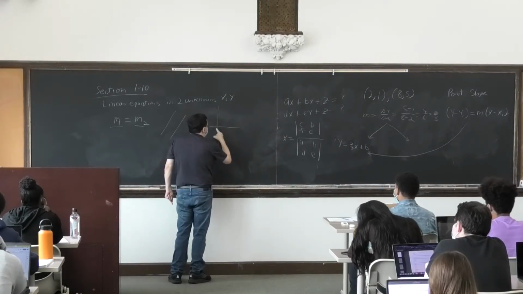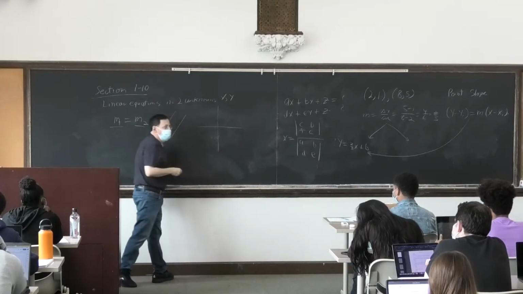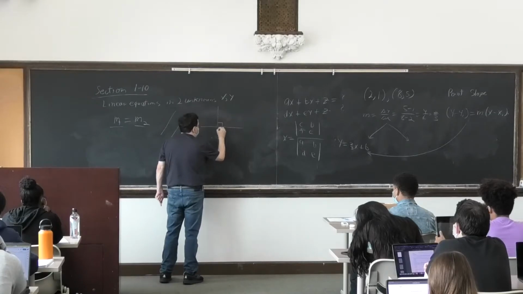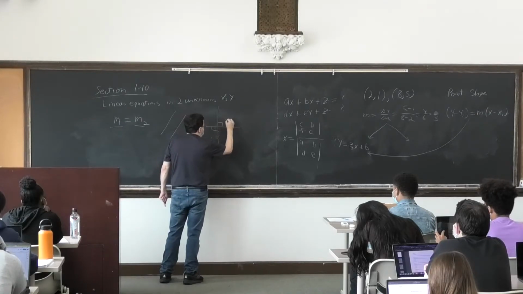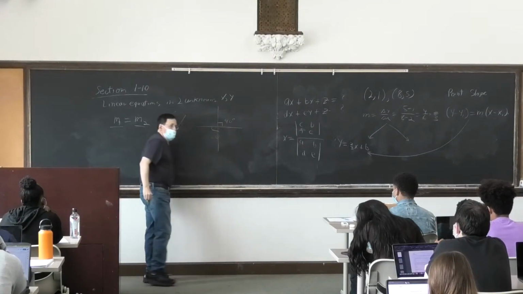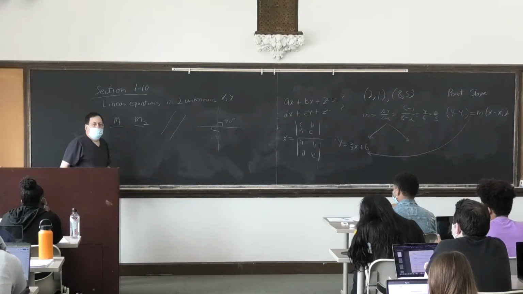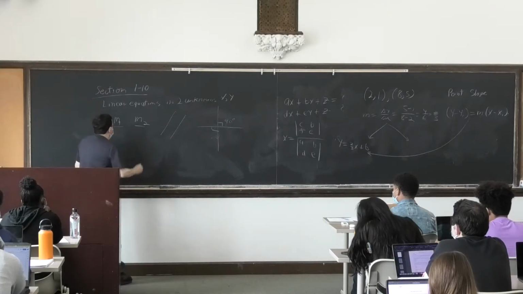What happens if 2 lines are perpendicular? They meet at right angles, or 90-degree angles. Does anyone recall the relationship between their slopes? Negative reciprocal. Negative reciprocal.